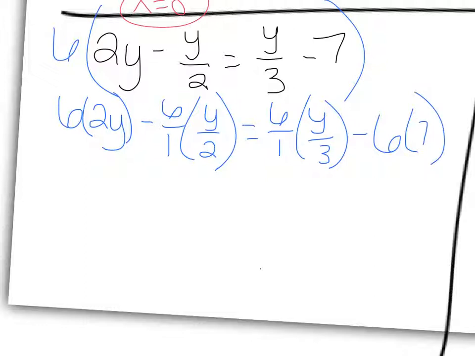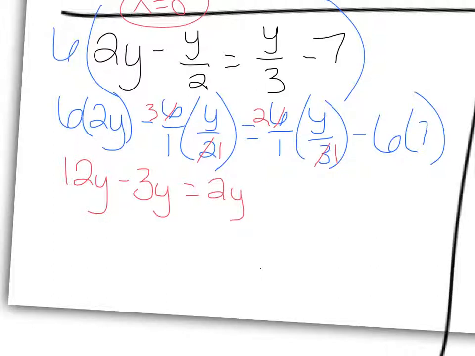And when you simplify each piece, 6 times 2y gives you 12y. My second term I can divide out of 2. You get minus 3y. On the other side of the equal sign I can divide out of 3. You get 2y. Minus 6 times 7 gives you 42.